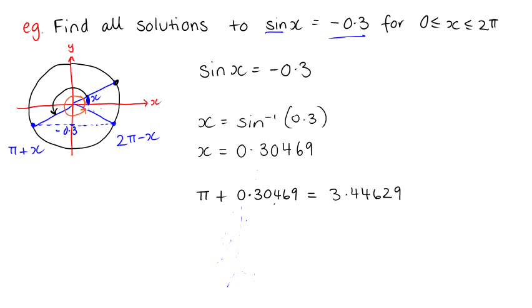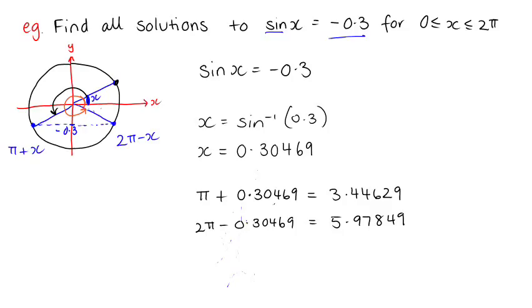And then to find the other one, we do 2 pi minus 0.30469. 2 pi is 2 times 3.14159. So you get 5.97849. You can round to 2 decimal places, that's fine.